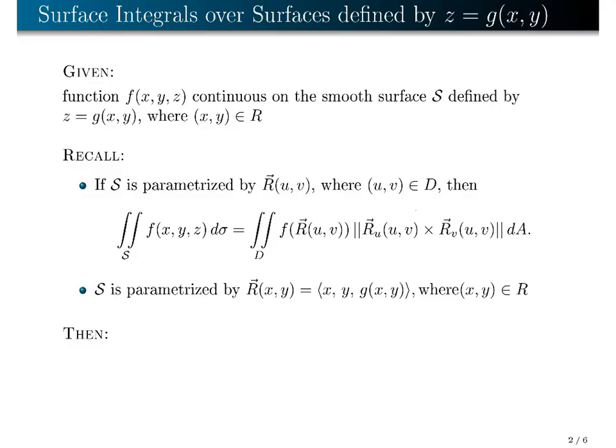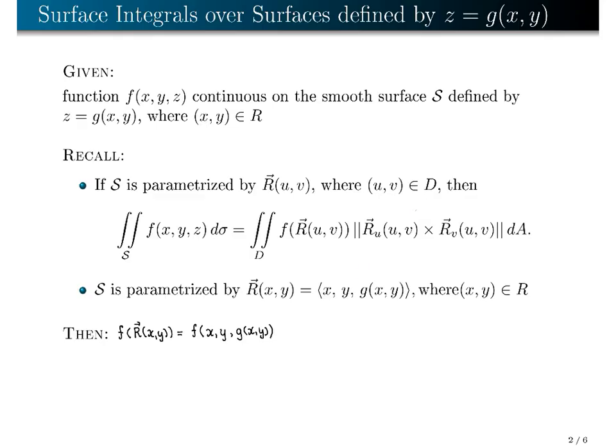In the formula, f of r of u, v now becomes f of r of x, y, which we can simply write as f of x, y, and since z is equal to g of x, y, we have g of x, y. Next, the magnitude of r_u cross r_v now becomes the magnitude of r_x cross r_y.